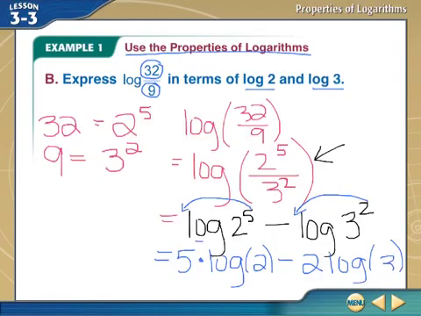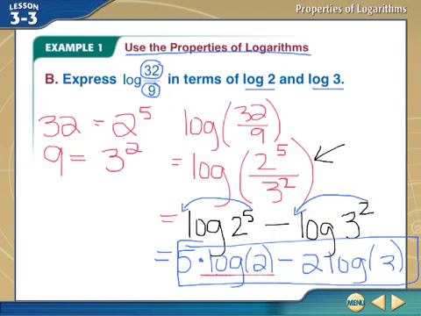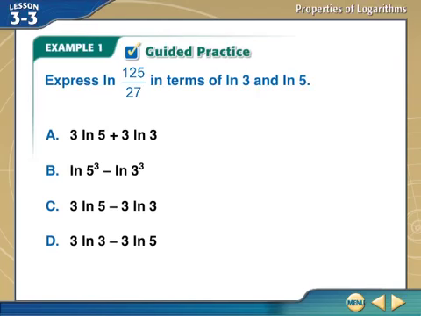And this will be my final answer. We have rewritten log of 32/9 in terms of log of 2, right? We have a log of 2 here, and we also have a log of 3. And that is our final answer.